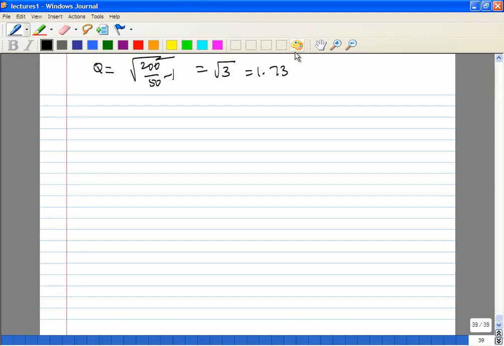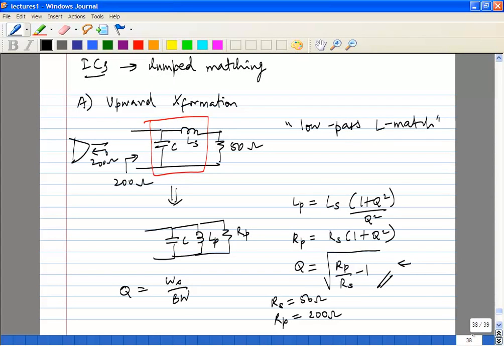Okay. So now the other things we want to find out. Let's go back to the previous page. We know this resonates at f naught or omega naught, right? So what we'll do is we'll work backwards because what we are interested in finally is this network. Okay. So we'll use two conditions.